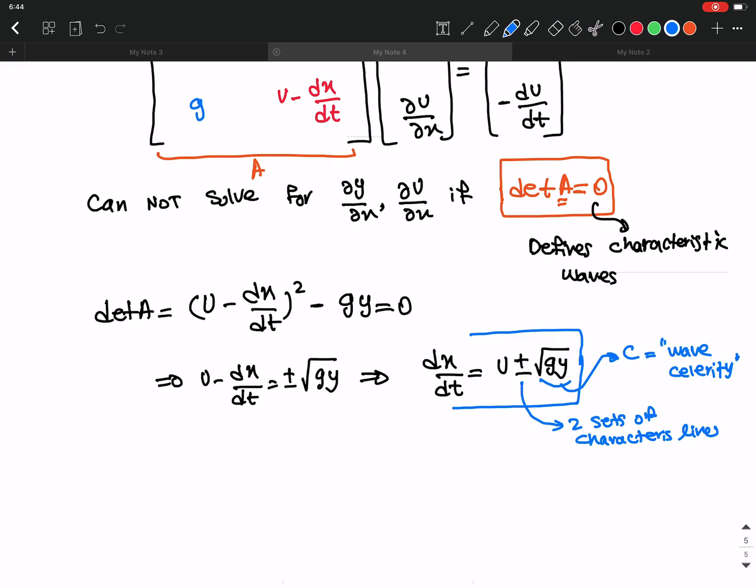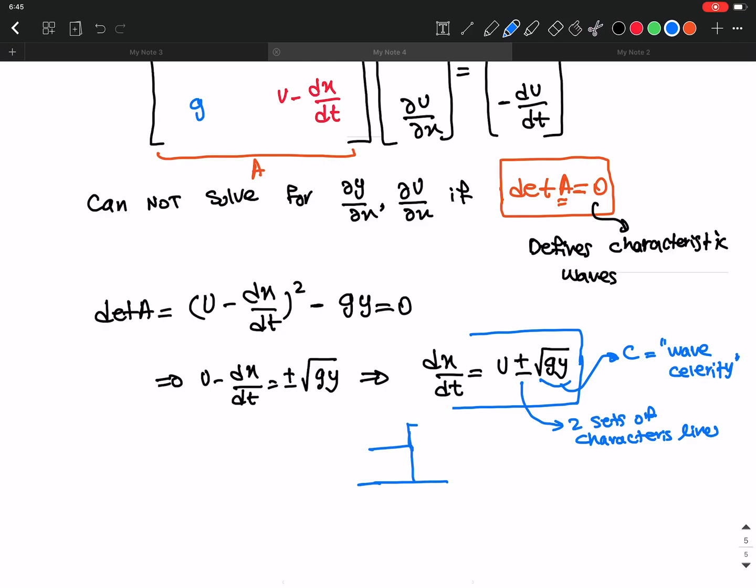This is a very important concept in hydraulics engineering and even hydrology, hydrodynamics, because this is the speed of water, especially if you have a tank of water and you release it.